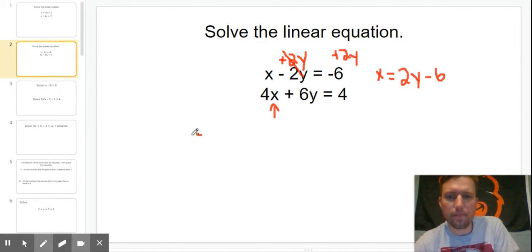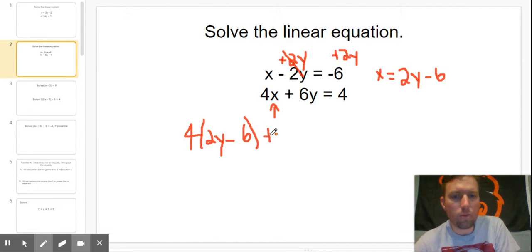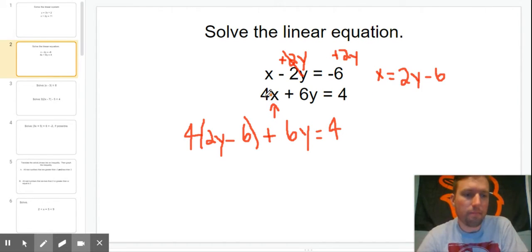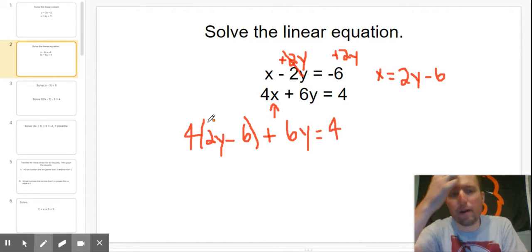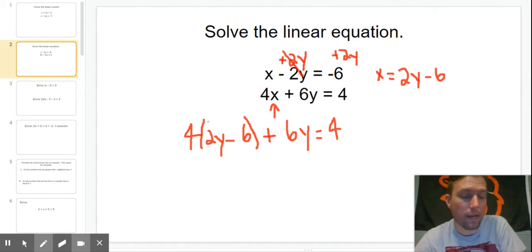So let's rewrite the equation: 4 times my value of x, which is 2y minus 6, plus the 6y, which stays where it is, equals 4. Let's review: since I plugged in my value for x, that has gotten rid of my x variable. Now I still have two variables, but they're both y. That allows me to solve for y.